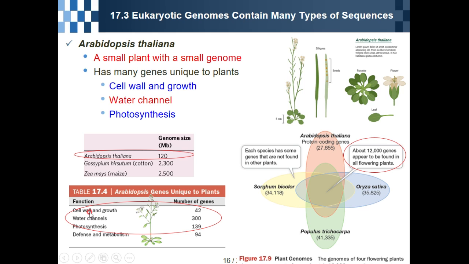For example, Arabidopsis has 42 genes with function in cell wall and growth. Around 300 genes function as water channels. Around 139 genes belong to photosynthesis.